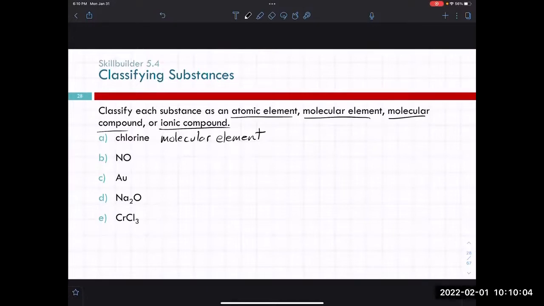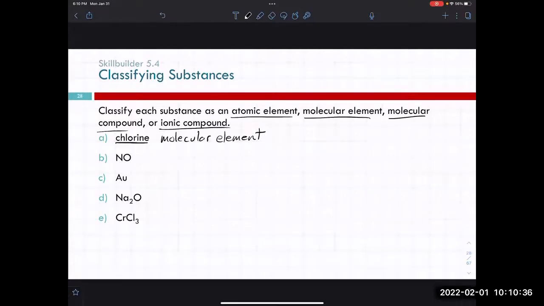Nitrogen monoxide. The biggest consideration here, and maybe one of the things when you're studying this, is to try to put these together logically. So if we think about chlorine, chlorine is made up of a single type of element. So we know it either has to be an atomic element or a molecular element. And then to check which of those it is, we just have to check the list of molecular elements.